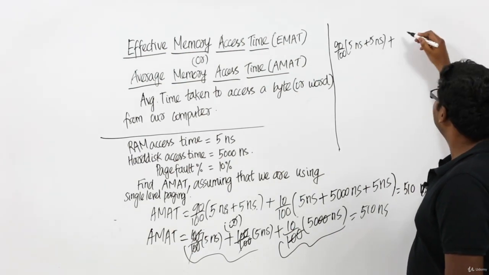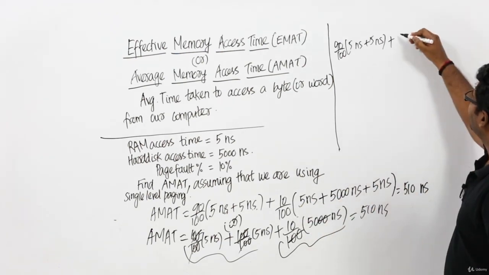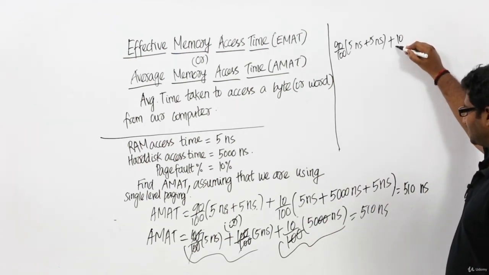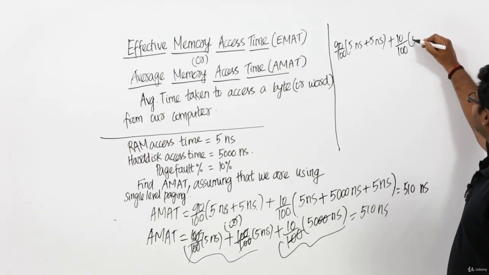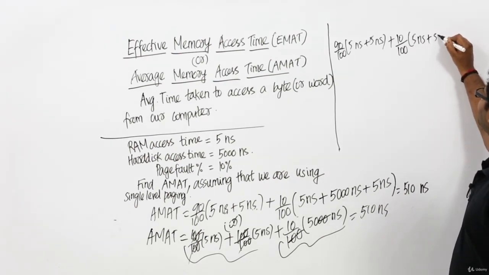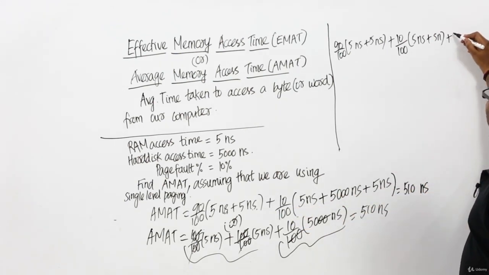Plus 10%. What I am going to do is split this, which means I am going to write this as 10% of the times it is 5 nanoseconds plus 5 nanoseconds, plus 10% of the times 5000 nanoseconds.